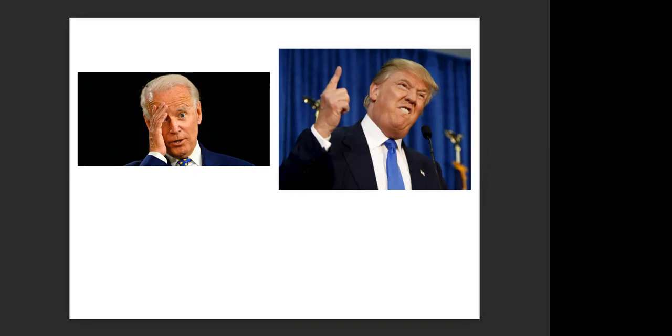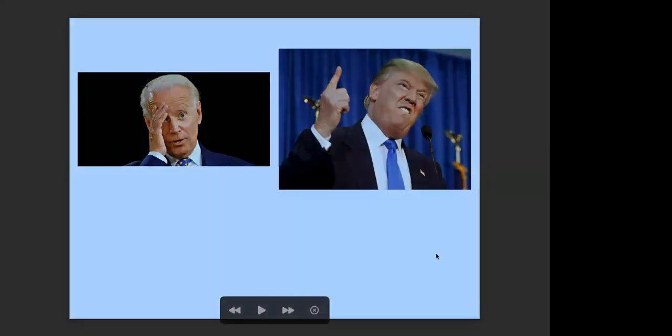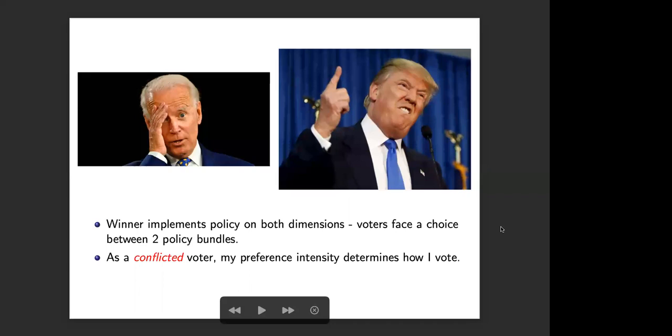And so you can see then I'm conflicted as to who I should actually vote for. In fact, what I face is a choice between two bundles of policies. Biden has two dimensions, as does Trump, and I need to choose between those two bundles. And so the winner implements their policy on both dimensions. As a conflicted voter, I don't like either of them perfectly, so who do I vote for? Well, what's going to determine my decision is my preference intensity.